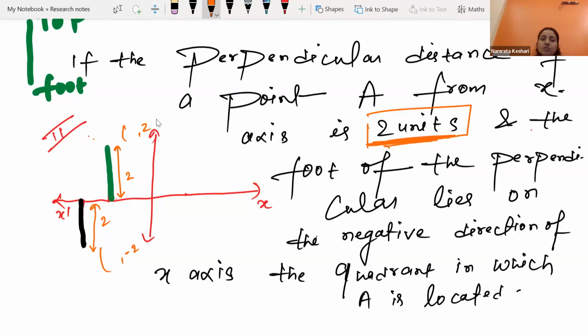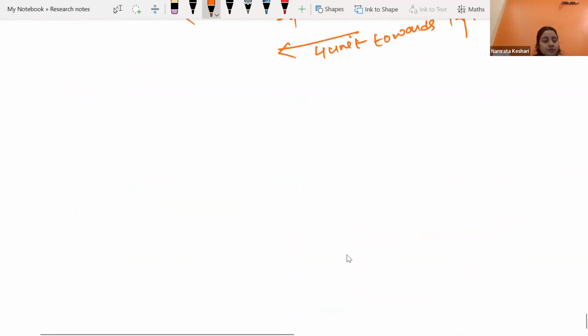Okay, these two are possible cases, because while talking about the length or the distance, in general we don't use the sign. So the distance is 2 unit, the y coordinate can be 2 or maybe -2, and it will represent the distance as 2 unit. Okay, got it everyone? Yes.